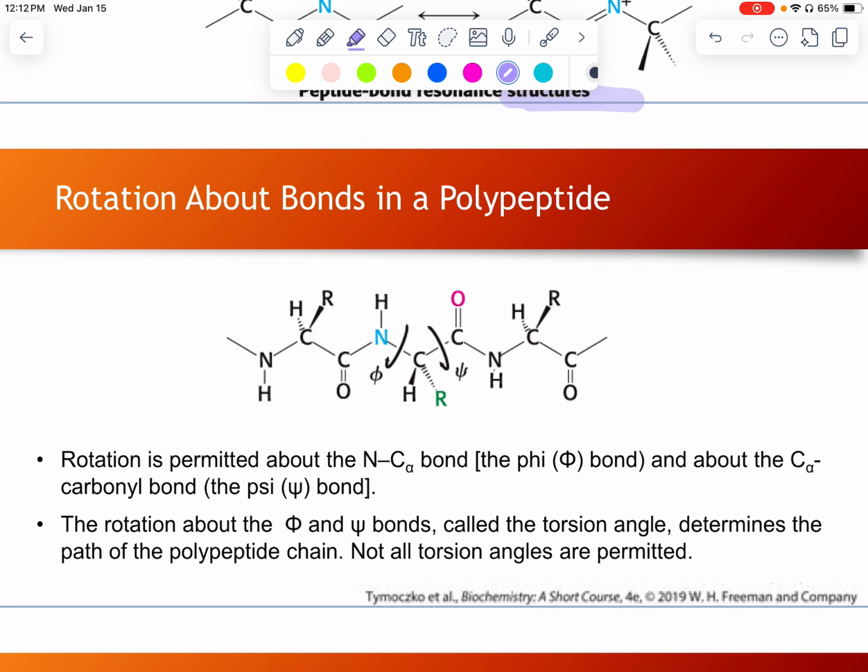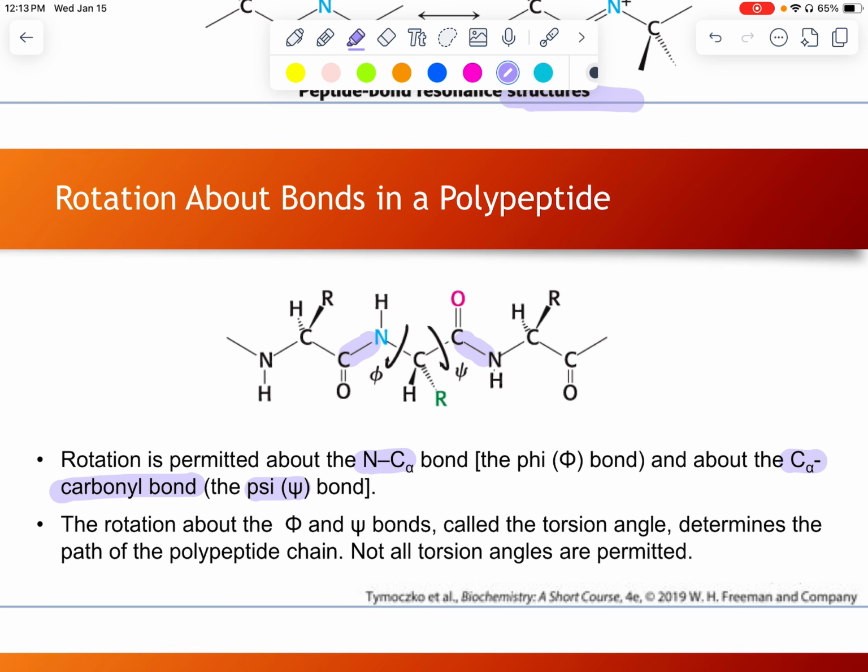Okay, so if we look at our peptide bond, let me highlight it again. There's one of our peptide bonds, here's one of our peptide bonds. We would not expect to have rotation around those, but you can have rotation around the alpha carbon to nitrogen bond. We're going to call that the phi bond, or the alpha carbon to the carbonyl bond, the psi bond.